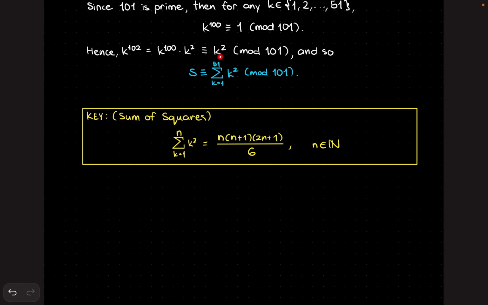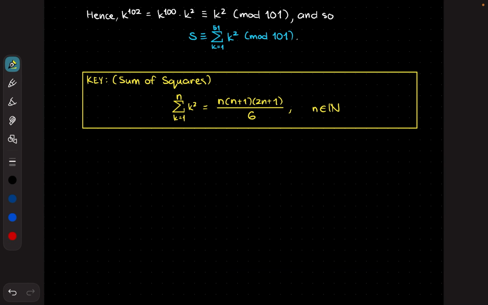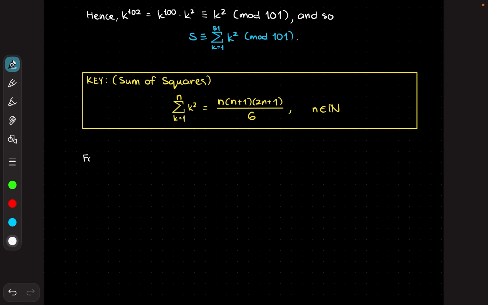So in our case, since 51 here is the n, then by the formula, for n equal to 51, the sum of k squared, k equals 1 to n, is given by 51 times 51 plus 1 times 2 times 51 plus 1 all over 6, apologies for the errors again.